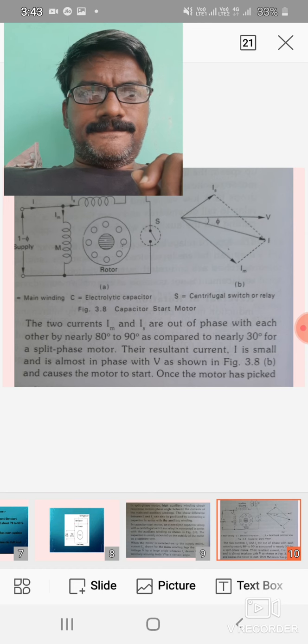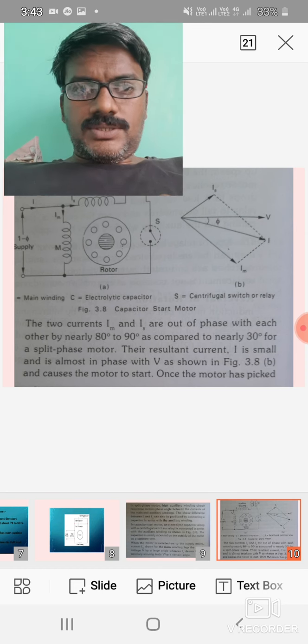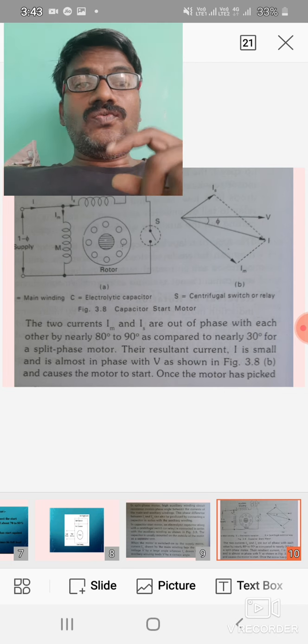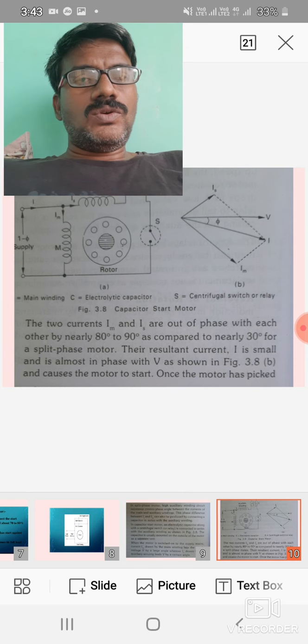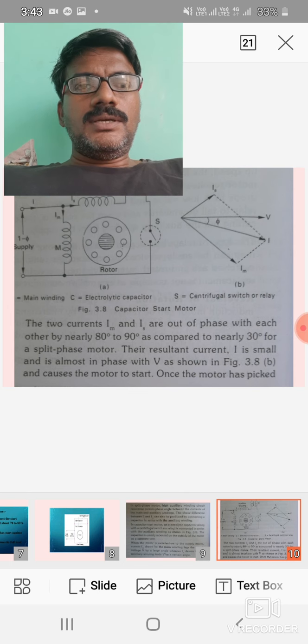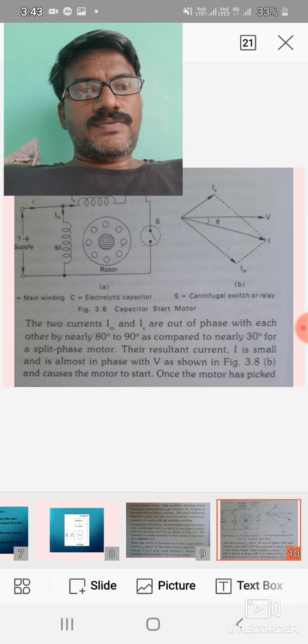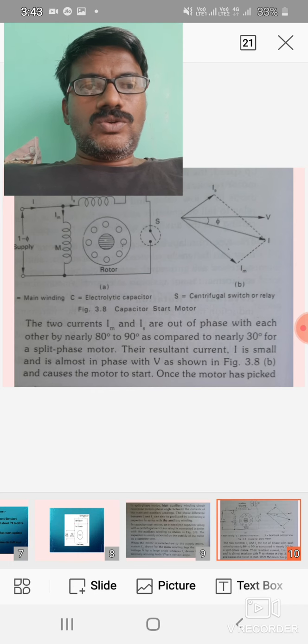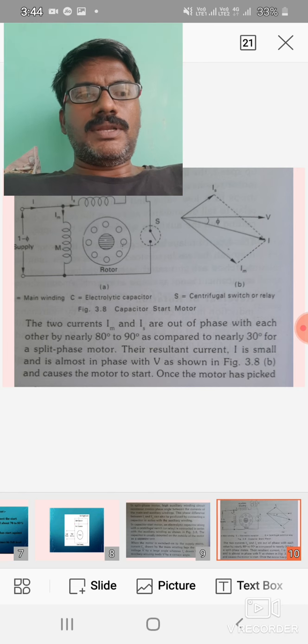By providing two windings, two currents, two fluxes, we can rotate the rotor. So a single phase winding is divided into two windings, the main winding and the auxiliary winding.